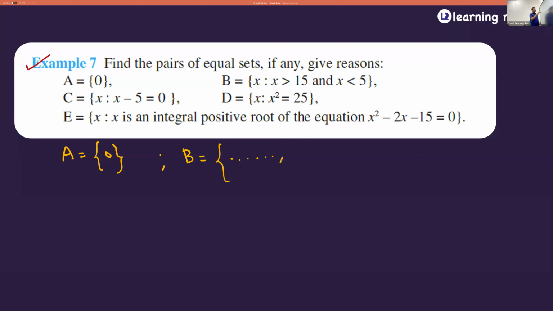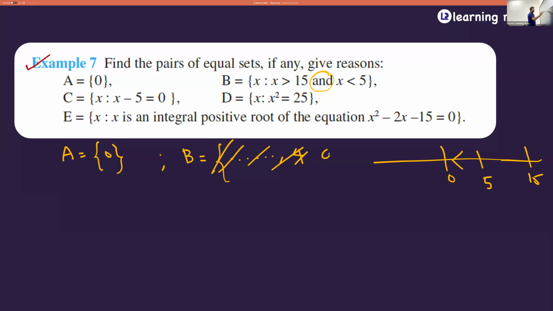What will be the number less than 5 and greater than 15? See, this is the number line. This is 5. This is 15. X is a number less than 5 and greater than 15, they said 'and'. It's not possible, sorry. So it is going to be a null set.